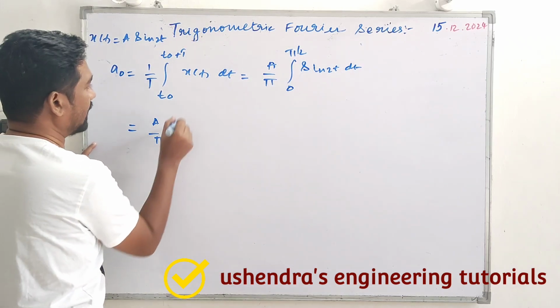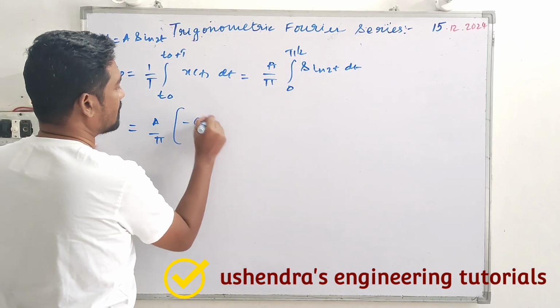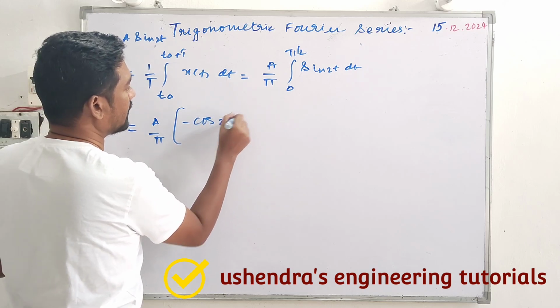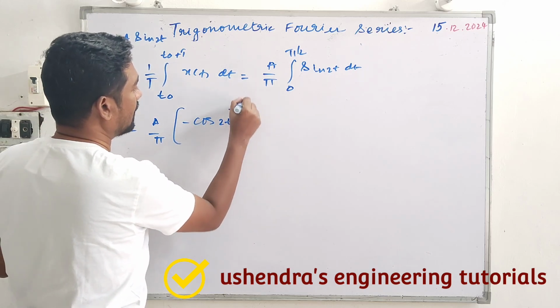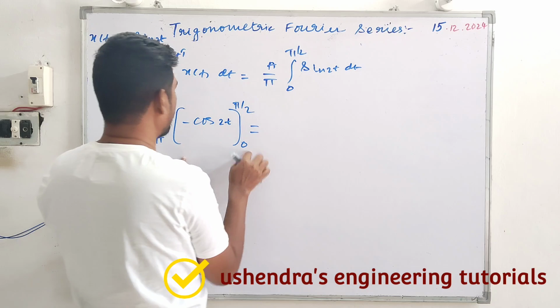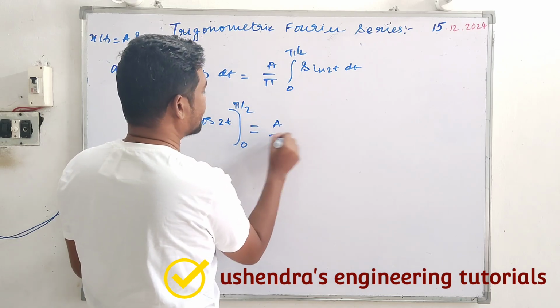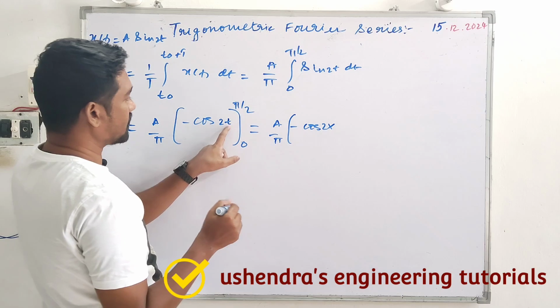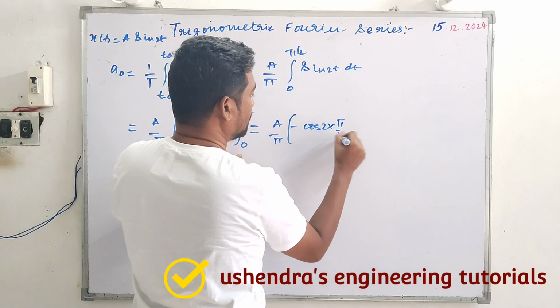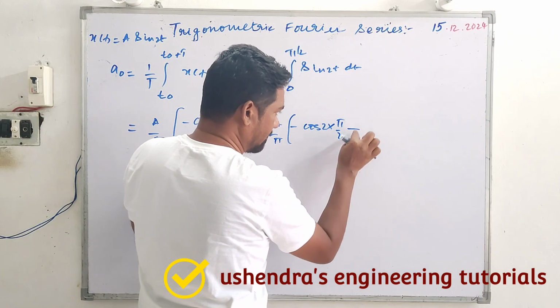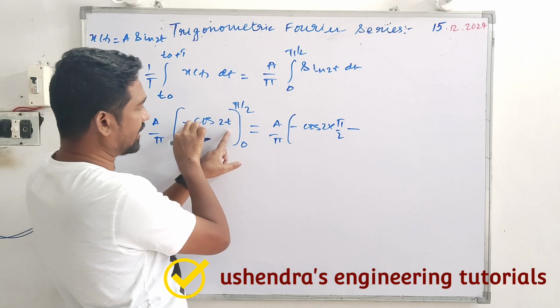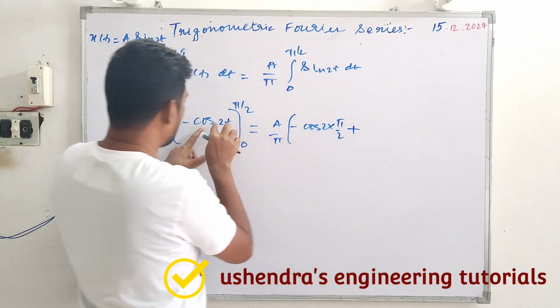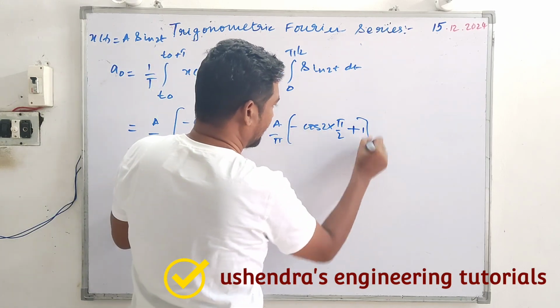Integrating this one, A by pi and minus cos 2t with the limit 0 to pi by 2. Plugging in the lower and upper limits, A by pi, minus cos 2 into pi by 2, since pi by 2 comes in the place of t, minus the lower limit, we already have this minus, so plus cos 0, that will be 1.